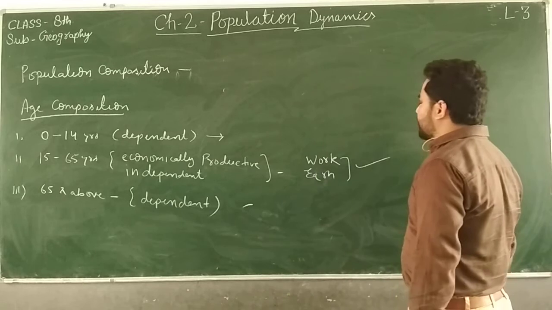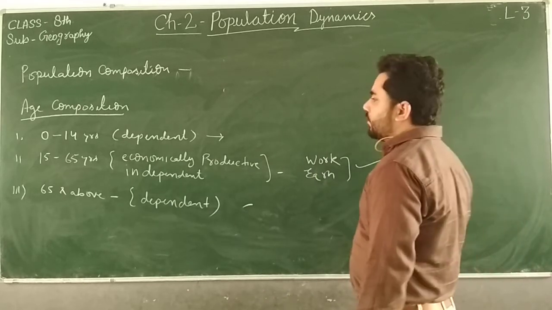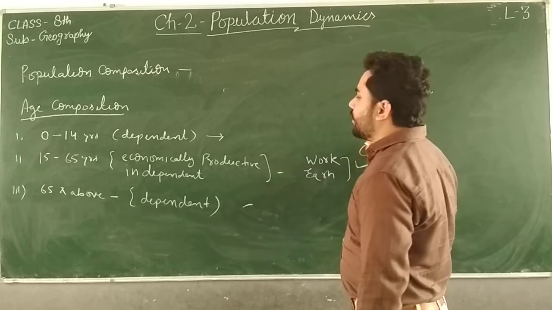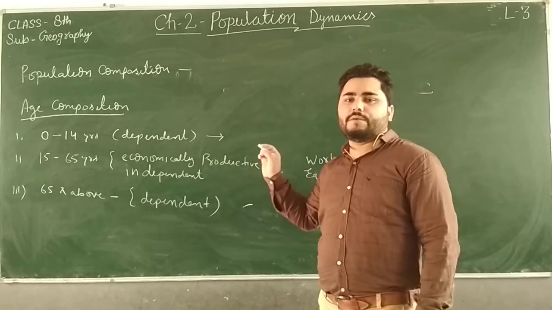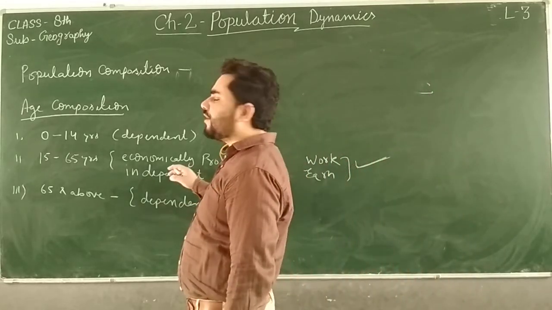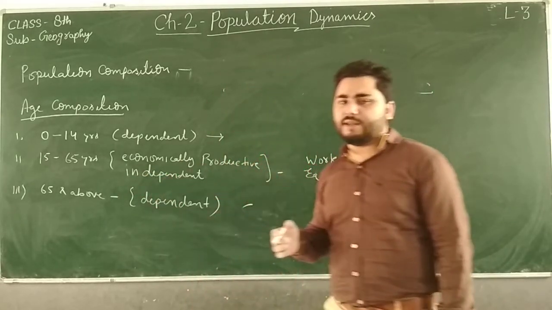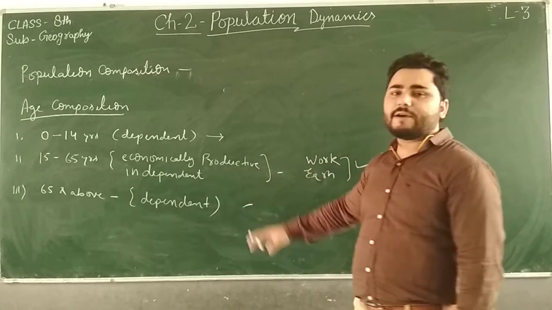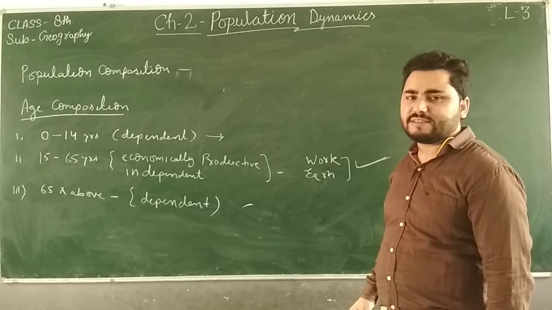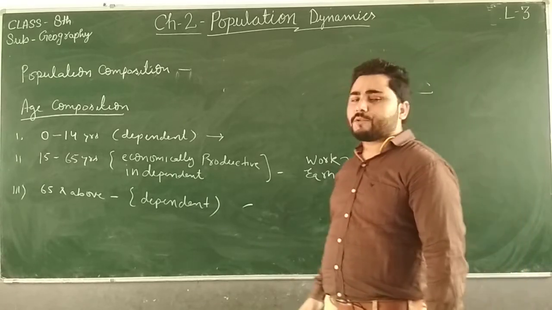So a country which is having this group of population in maximum number, then what will happen? That country will grow economically because more people are there to work for that country. They are earning money, they are utilizing the resources, and they are producing something.